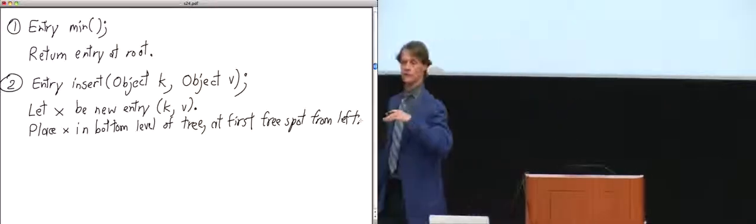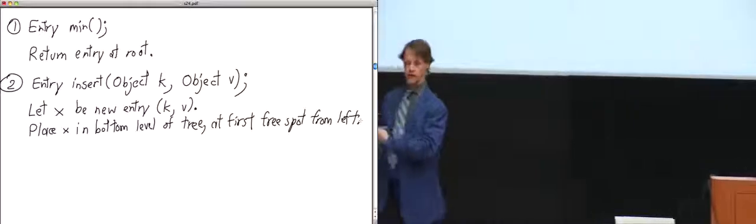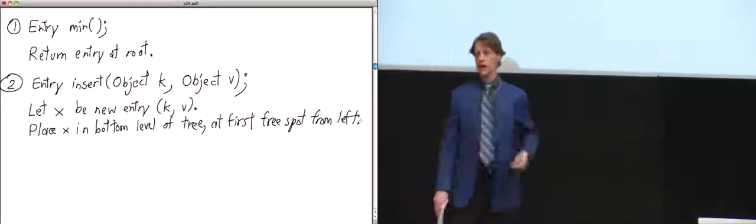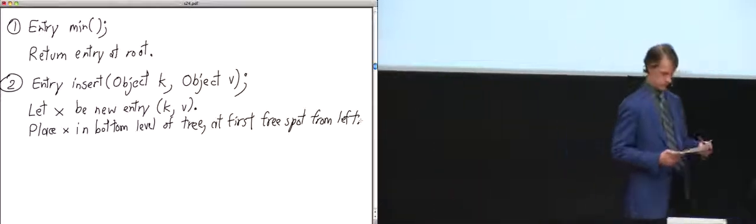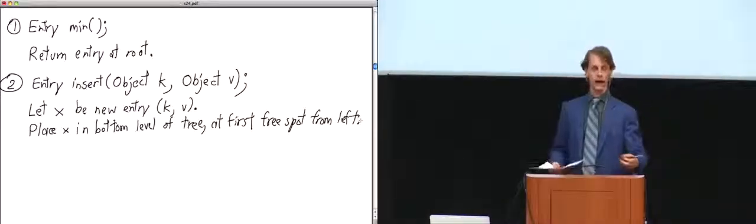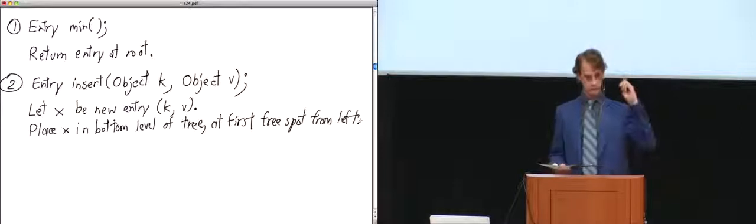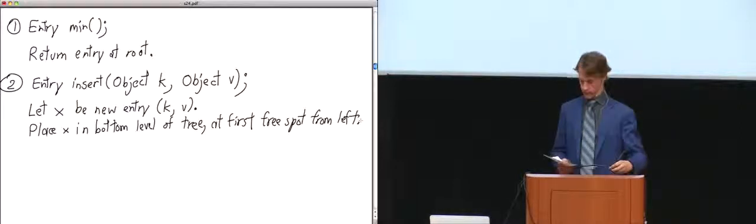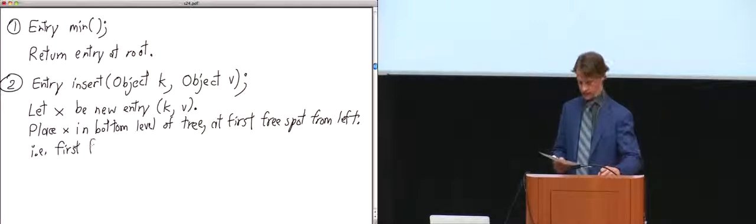And if the bottom level of the tree is full, you start a new level and you place the new item at the far left. Now, in the array-based implementation, if you're representing your tree in level numbering, then that's the first free location in the array, not counting the index 0, which we never use.